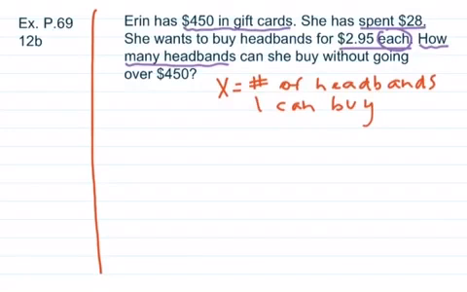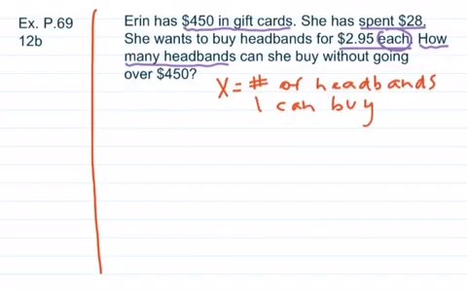I can buy one headband, two, three, and so on. So up to how many headbands could I buy? Could I spend $450 even? Sure, but I can't go over that because I don't have that much in gift cards. These are the questions you need to be thinking through as you're visualizing the situation.